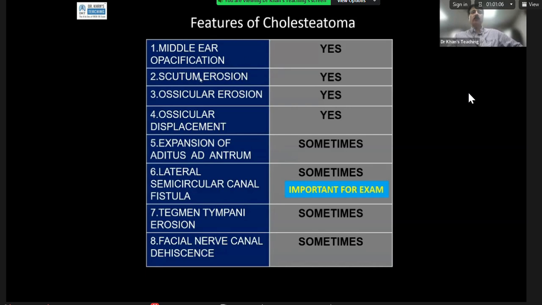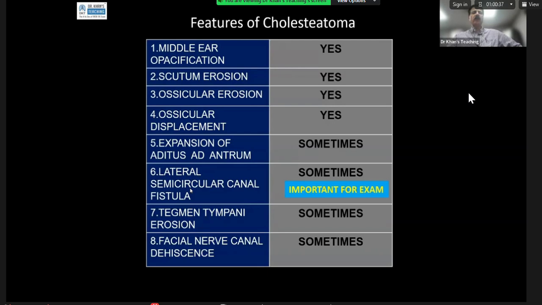So, what to look for? There can be scutum erosion, as I have told you, ossicular erosion, ossicular displacement can be there. Sometimes there can be expansion of aditus ad antrum, but a favorite of the examiner will be lateral semicircular canal fistula. And you have to really develop your eyes on this. This is an exam scenario because these patients will then present with a lot of balance abnormalities.